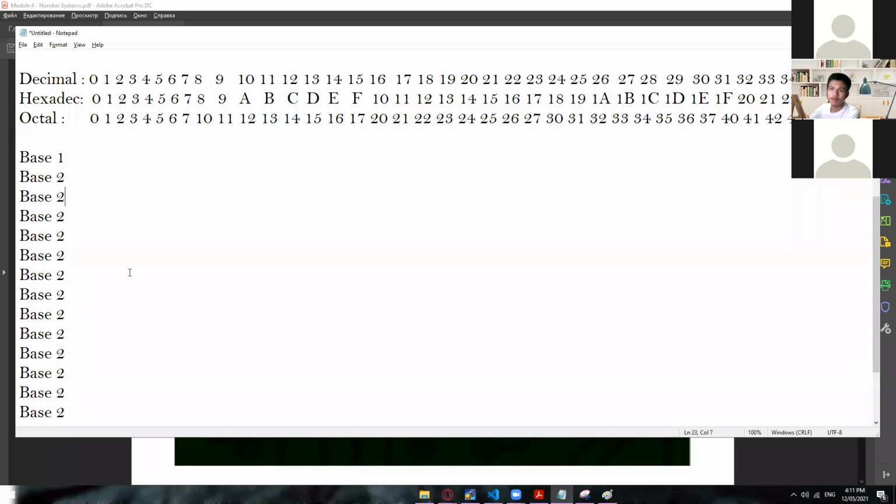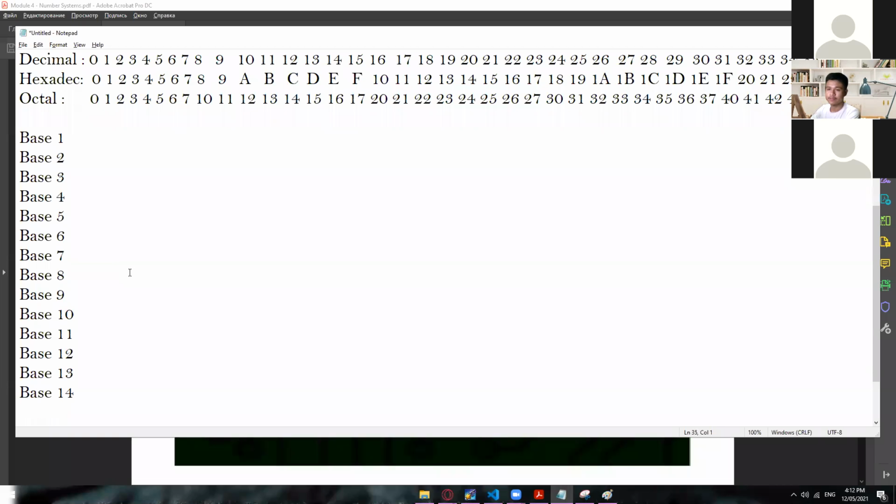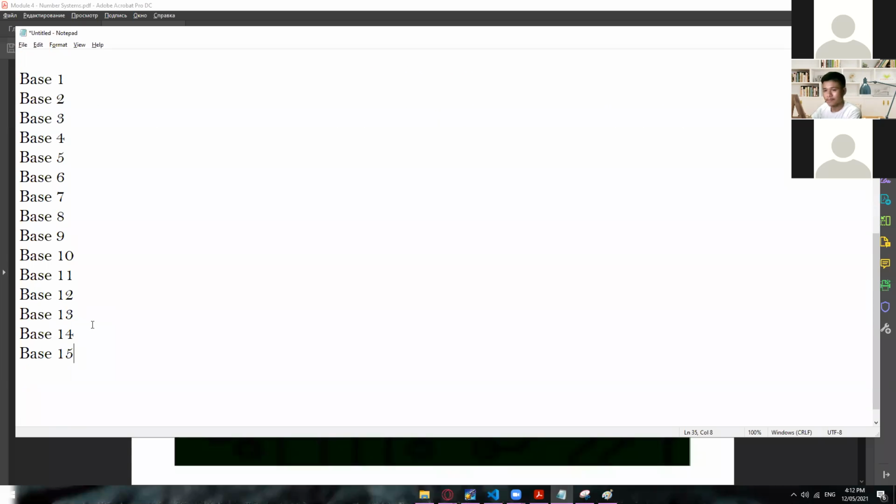So we have base 1, base 2, 3, 4, 5, 6, 7, 8, 9, 10, 11, 12, 13, 14. We need one more. So we have base 1 up to 15.